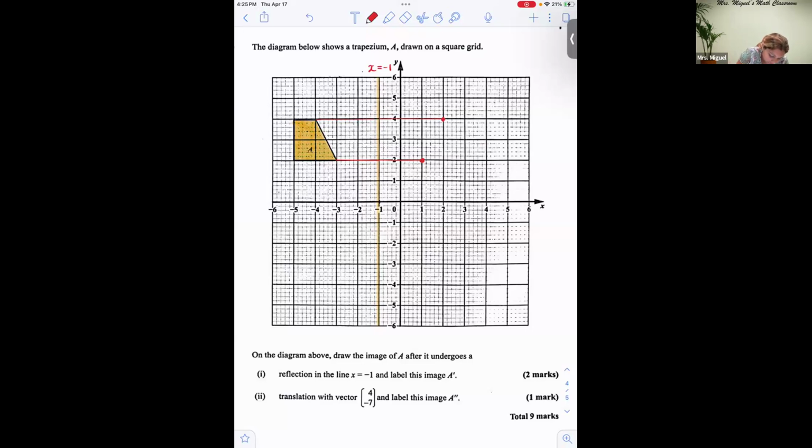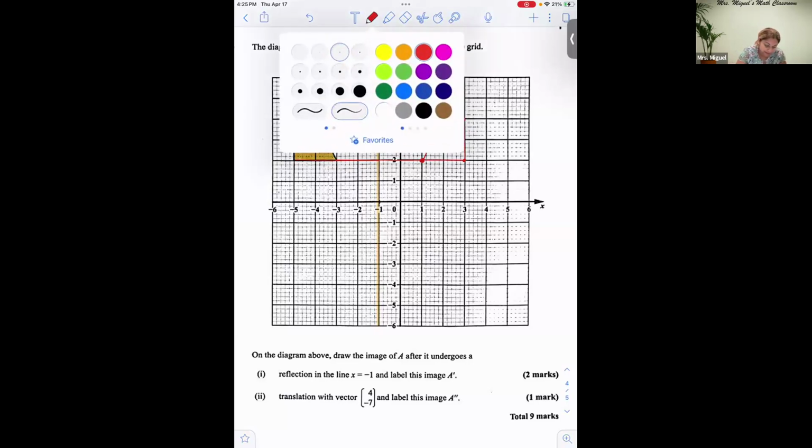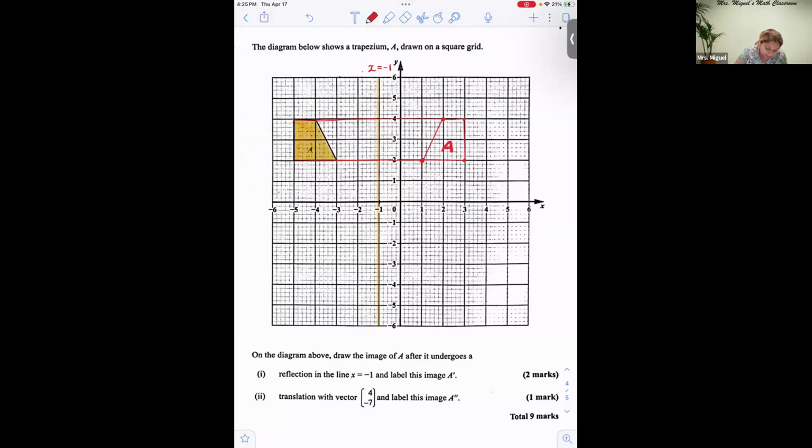Then I could count here 1, 2, 3, 4, 1, 2, 3, 4. And then the last one, 1, 2, 3, 4, 1, 2, 3, 4. So this is my new shape that has been reflected in the line x equal to -1. And they told me to label this A prime.